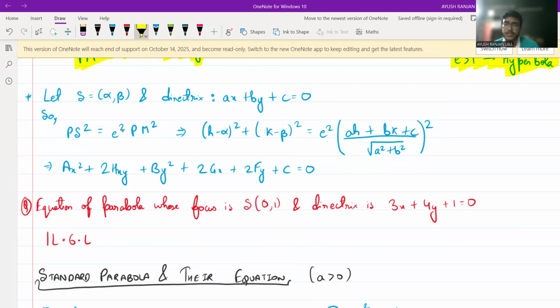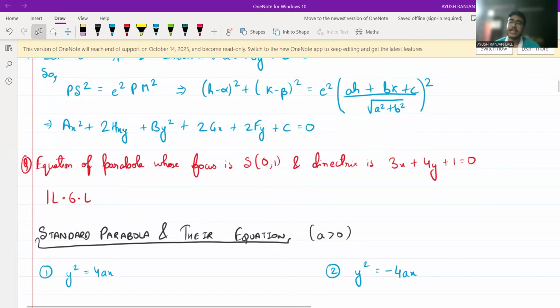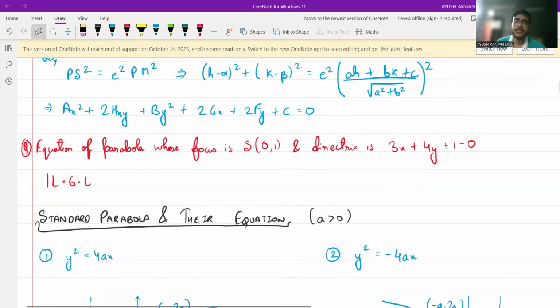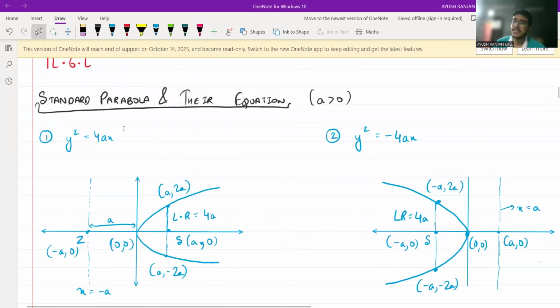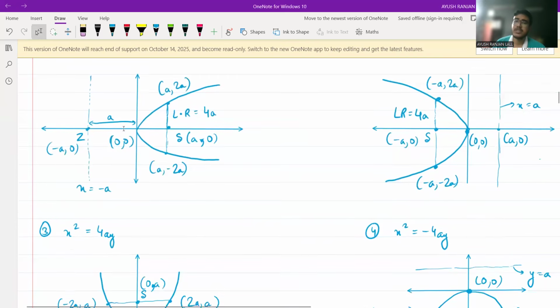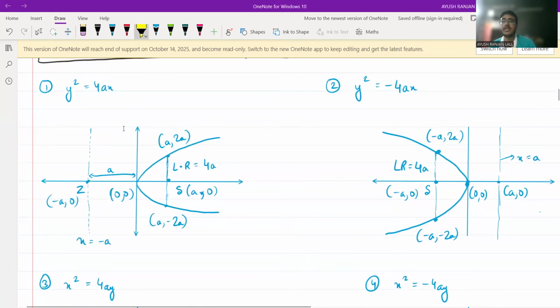Like this, a question is given and you can form an equation. Next, let's see the standard equations, which are going to come in most of the questions. So first is y square equals 4ax, which has a vertex at the point 0, 0.